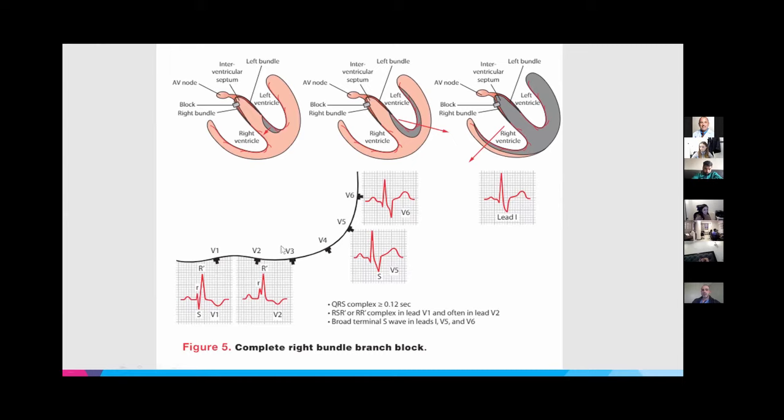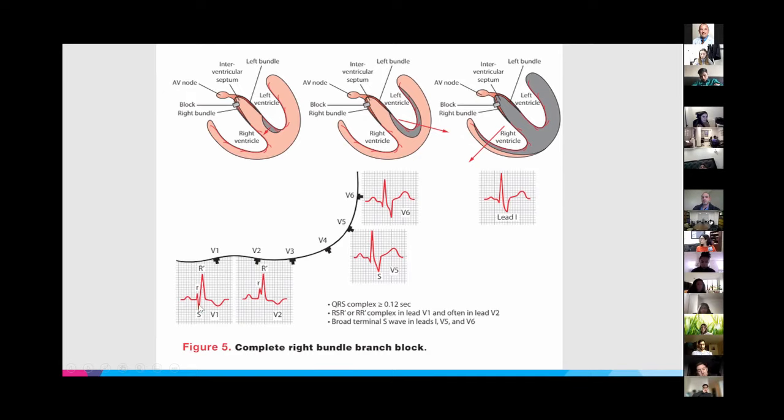And then, in your right bundle branch block, now that you know normal depolarization, in the abnormal depolarization of right bundle branch block, essentially you just have a very delayed activation of the right ventricle, and that's the reason you see the morphology in V1 with your RSR prime, right?